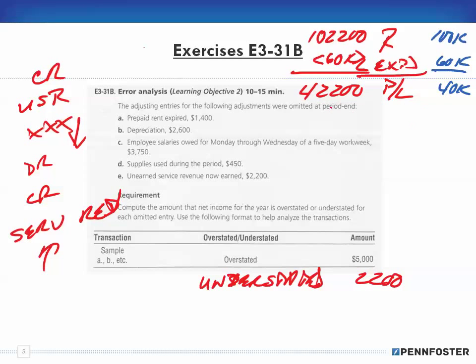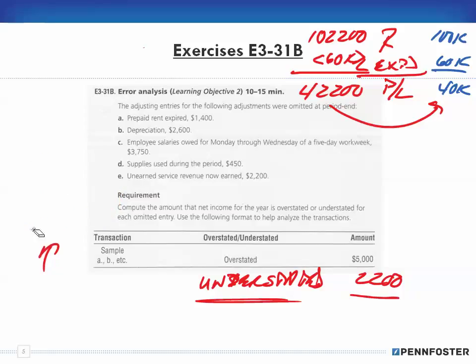So by not having put that adjusting entry in, my net income was understated because I didn't include enough revenues at the time, so my net income is understated by 2,200. In other words, if I increase my revenue, I'm understating my profit or loss. If I increase my expenses, I overstate my profit or loss.